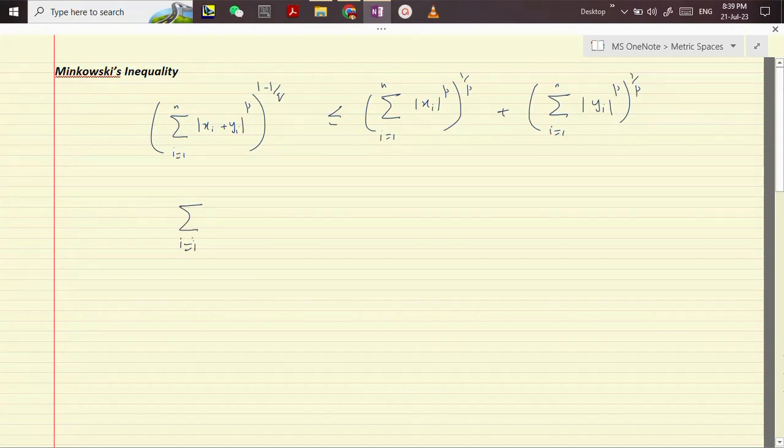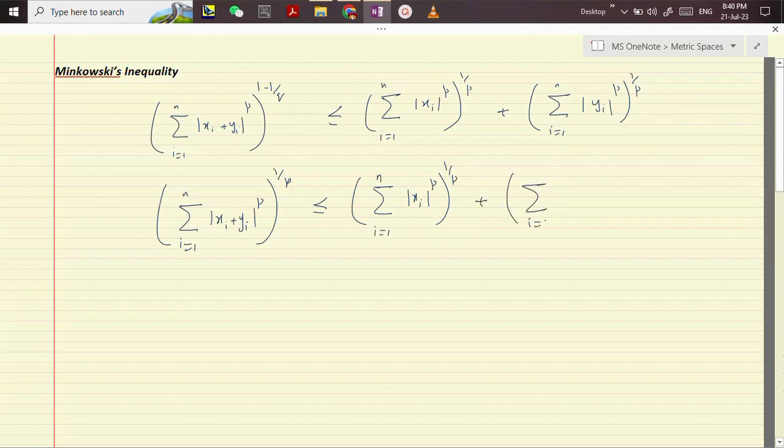Therefore, summation i from 1 to n mod of xi plus yi power p whole power 1 by p is less than or equal to summation i from 1 to n mod of xi power p whole power 1 by p plus summation i from 1 to n mod of yi power p whole power 1 by p, which is our Minkowski's inequality for finite sum.